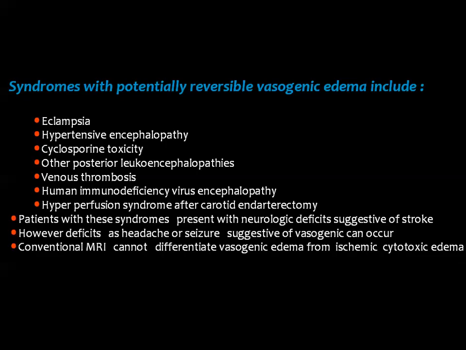Syndromes with potentially reversible vasogenic edema, as the previous example, are seen in eclampsia, which is one of the causes of posterior reversible encephalopathy syndrome, hypertensive encephalopathy, and the cyclosporin toxicity, other posterior leukoencephalopathies, venous thrombosis, HIV encephalopathy, and so on.